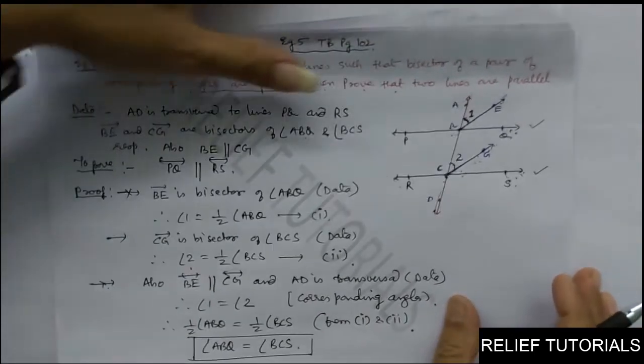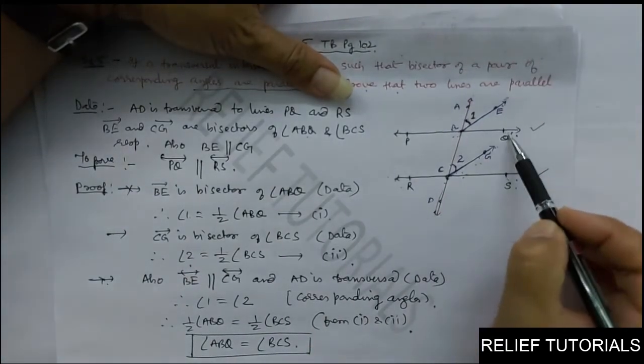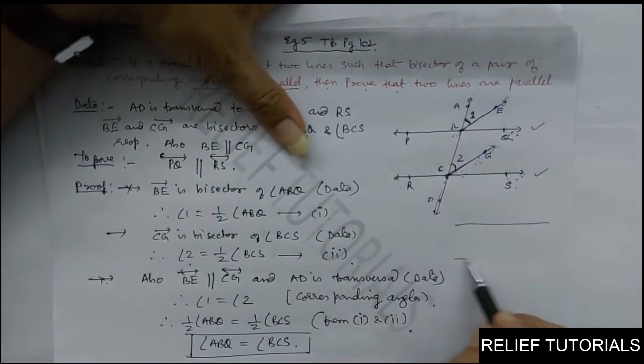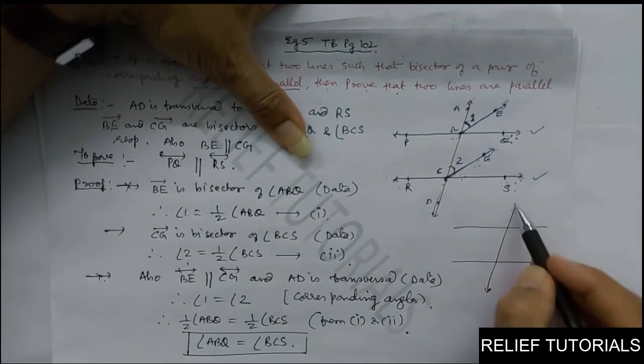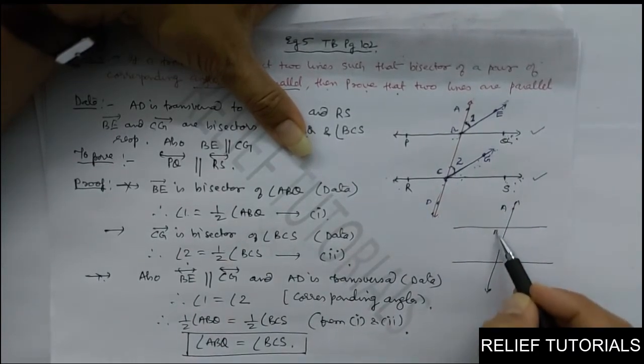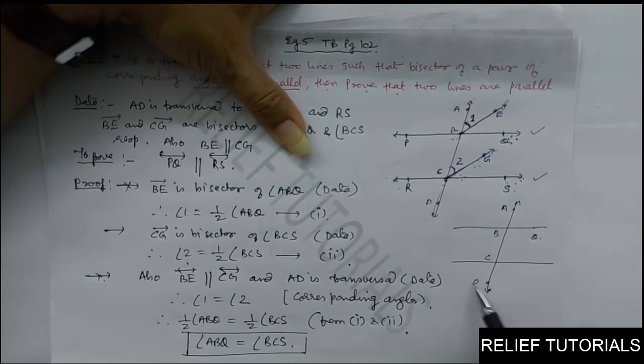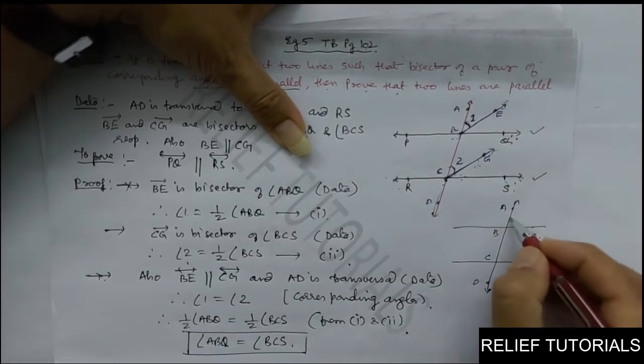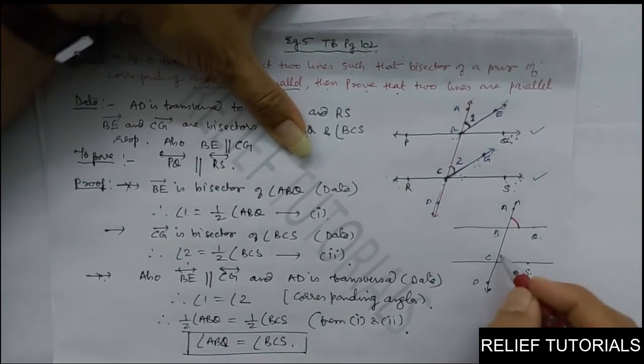Now look here at the diagram. What it says, this angle ABQ. See, I will do one more diagram here. You just look here. A, B, Q, C, here D, and here S. So look here, what we got, result ABQ is equal to BCS.